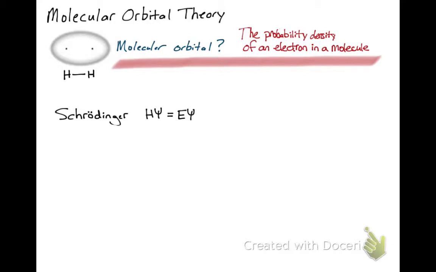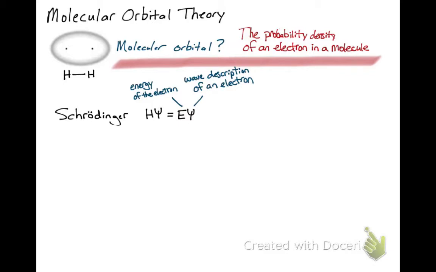And in this mathematical model, psi is the wave description of the electron, and E is the energy. In addition, psi squared provides our physical understanding of the electron. It is the probability density of the electron in a region of space.